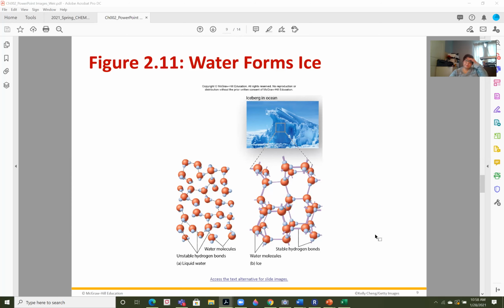Okay, there you go. Here's the diagram in your book, and here is the example that we were trying to draw out. The book does it a little better, but if you notice, here are all the water molecules, and as they become locked into place, here is the air pocket I was talking about, the air pocket that forms inside of the ice crystal. This is what reduces the density, or reduces the mass in a sense, of the solid ice as compared to the liquid water.